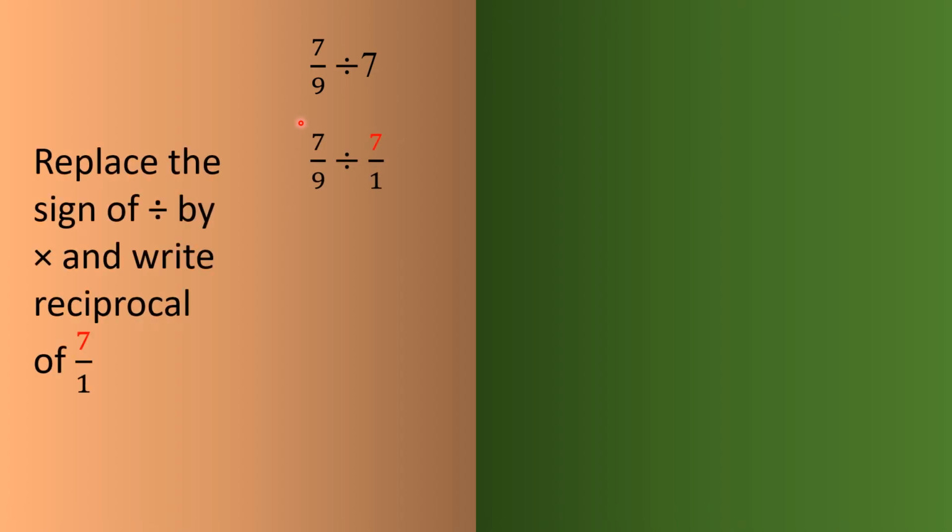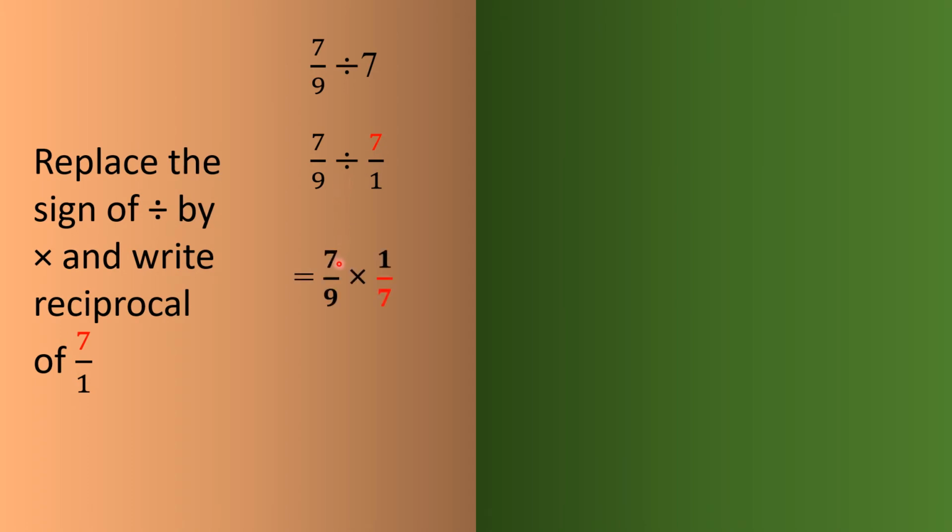So our next step will be this: replace the sign of division by multiplication and write the reciprocal of this 7 by 1. We can write 7 as a fraction 7 by 1. So we will find out the reciprocal of this divisor only. And we will write the sign of multiplication instead of division.